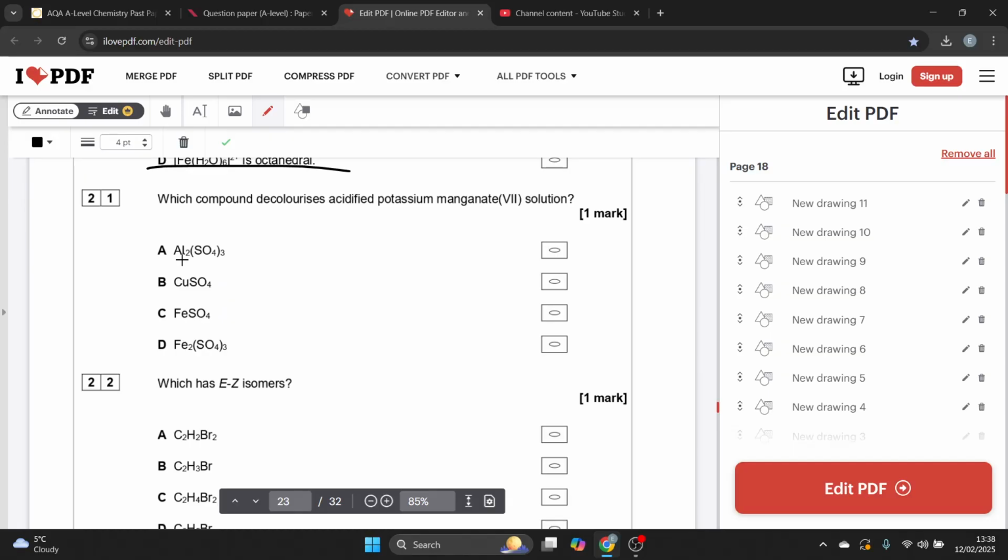Question 21. Which compound decolorizes acidified potassium manganate 7 solution? Which one decolorizes it? Now I've got these four different compounds.